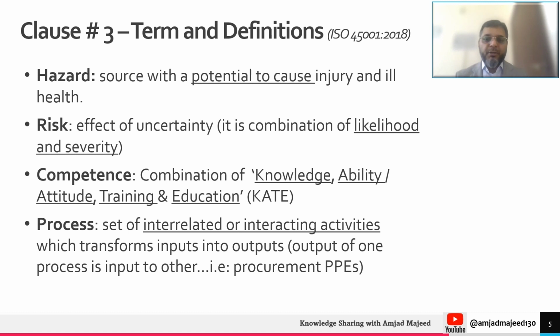You raise your purchase request. It goes to the procurement department, and then they hunt for the required supplier with the specifications you have provided. Based on that, they raise the purchase order. Now, the requirement from your process or department was the output of your activity. It is input to the purchase department.